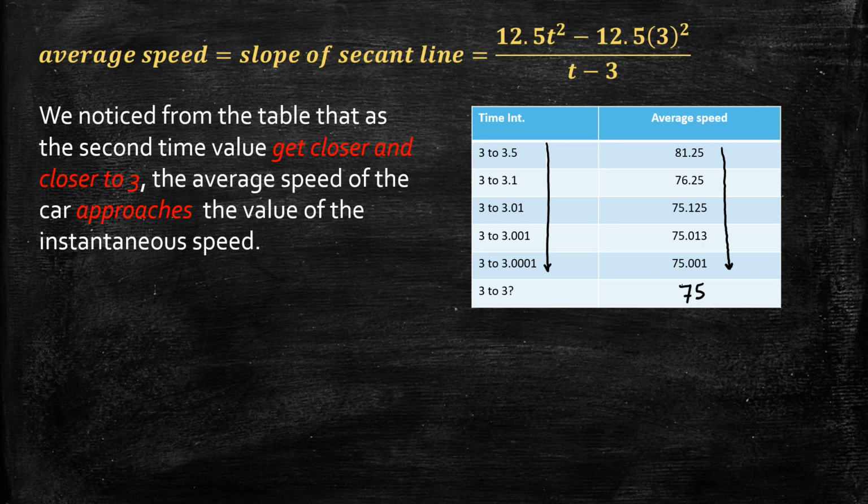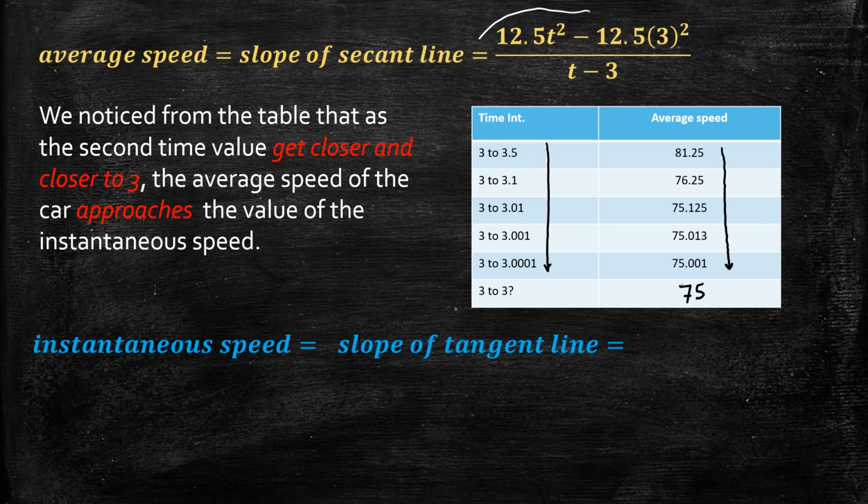And so we are hypothesizing that the instantaneous speed is 75, and we know that the instantaneous speed corresponds to the slope of the tangent line. So what do we need to do to this formula to kind of get at that answer more accurately?